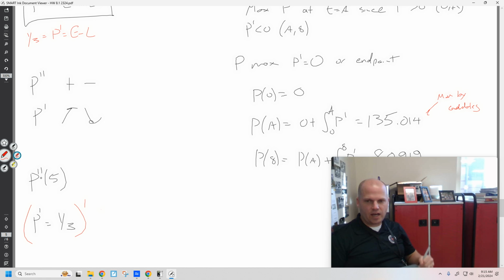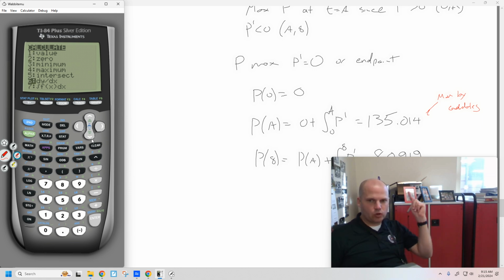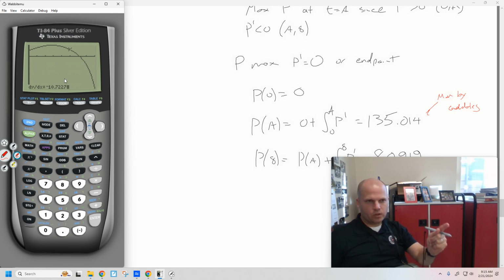We want to find the slope of the slope. We want to find the derivative of your derivative. What you see as a derivative, find the derivative of the derivative. This is the derivative of P prime. This is P double prime at 5.